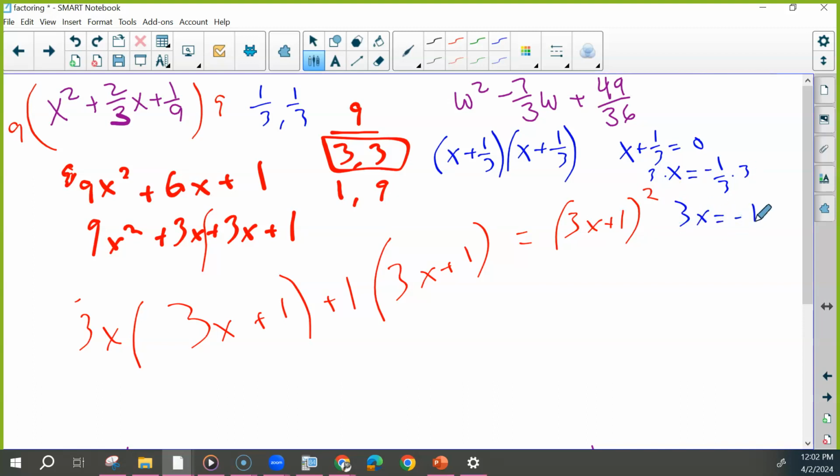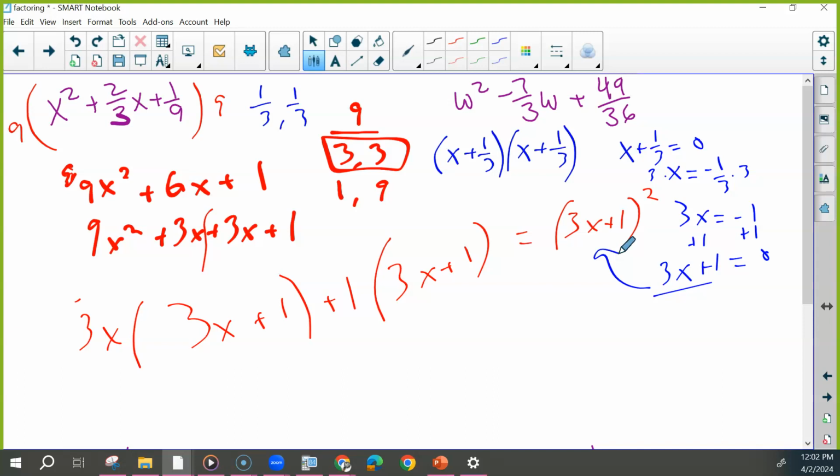And then to make this 0, I could add 1 to the other side. To get that factor that we just found. And then you could write that twice, 3x plus 1 in parentheses squared, or 3x plus 1, 3x plus 1. But you would miss some of the work. You could go back and try to do that work or work backwards, but you would need to show the rest of that work as well.